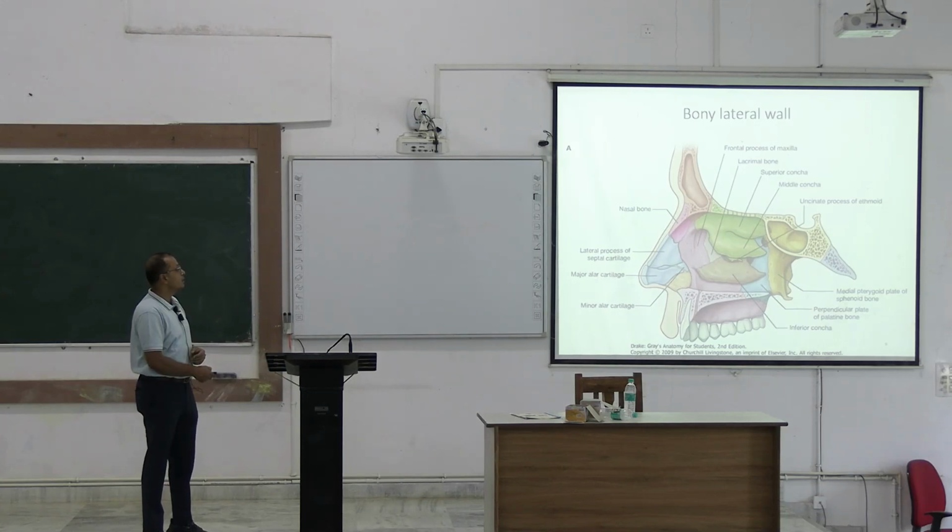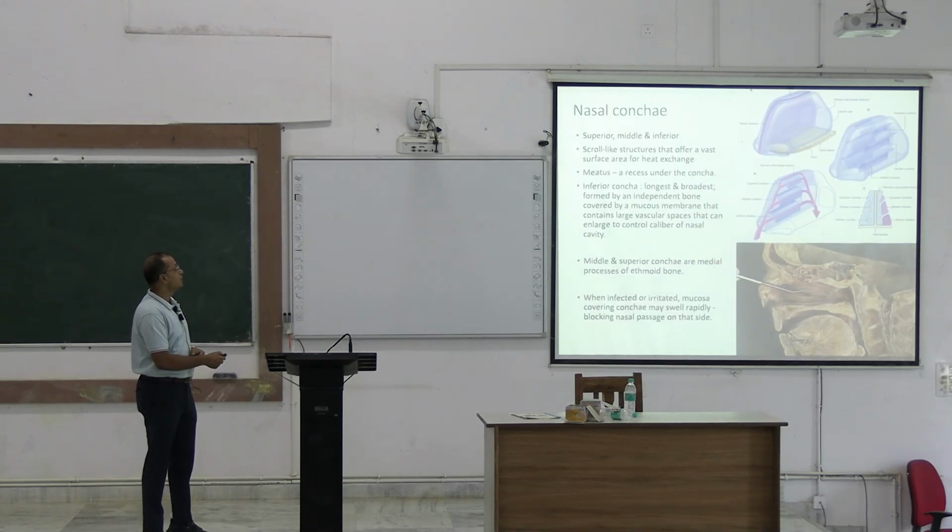In between the superior concha, middle concha and inferior concha, we have a layer of epithelium, the respiratory epithelium. These conchas are covered by this epithelium. The spaces between them we call meatus.